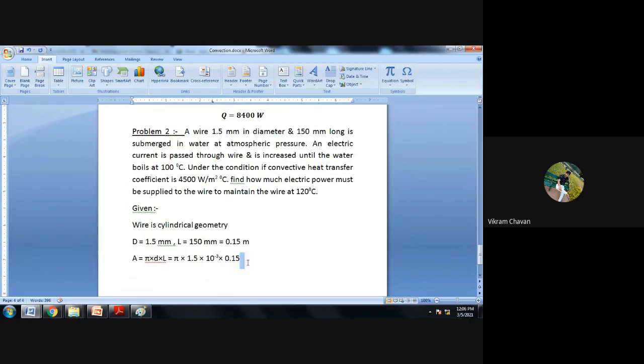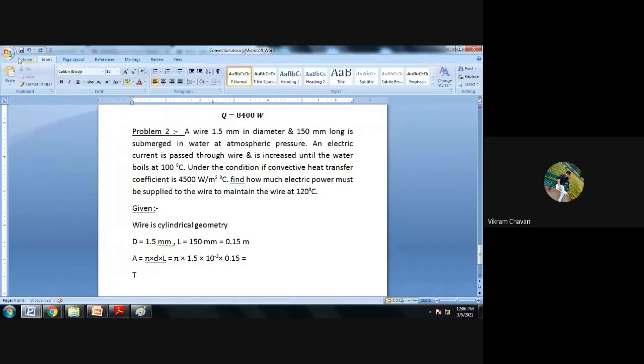Okay, so calculate the area now. What will be the area? Calculate the area. Then further, what is the given data? T suffix s is the surface temperature of the wire. It is 120 degrees Celsius.